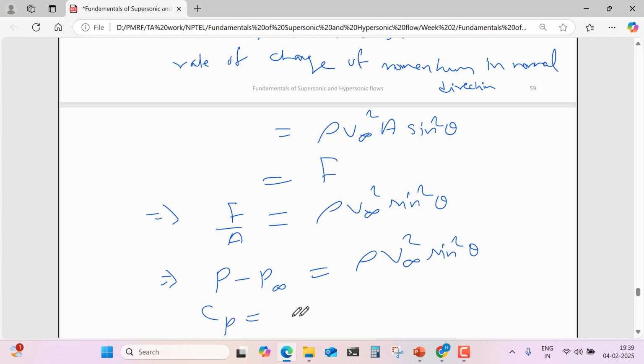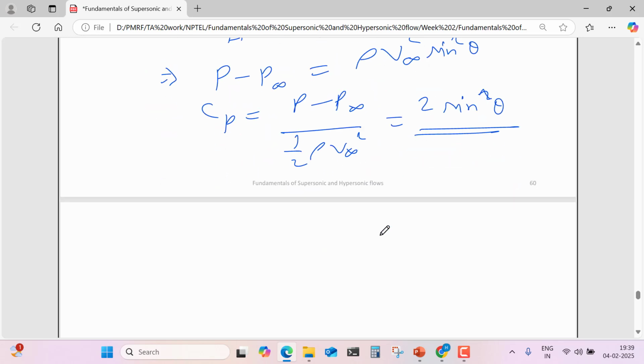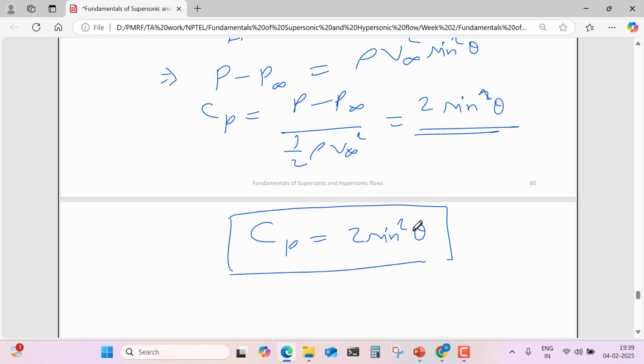If Cp is given as P minus P infinity upon half rho V infinity square, then it will be equal to 2 sin square theta. This is called the Cp due to Newton's theory.